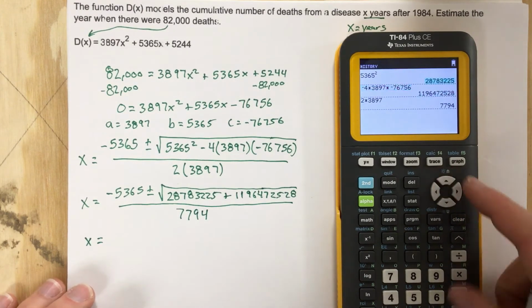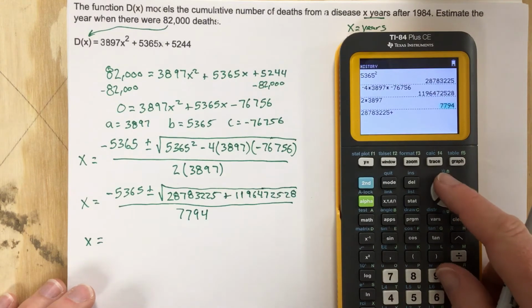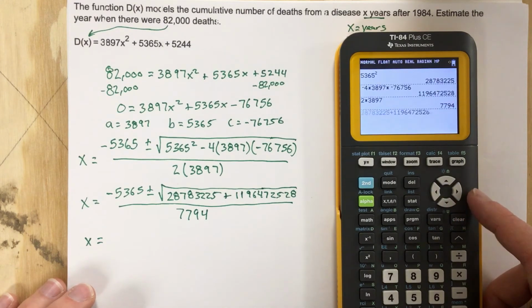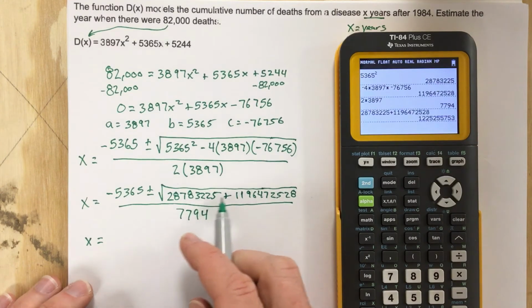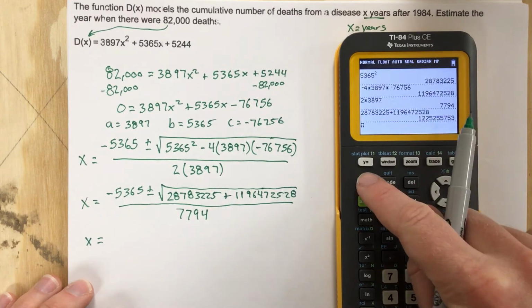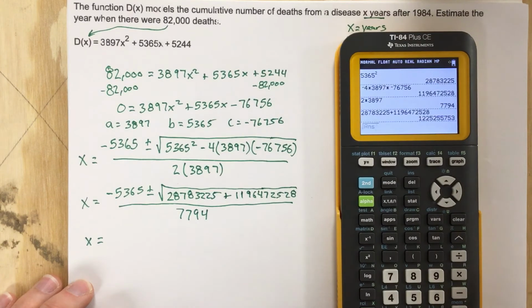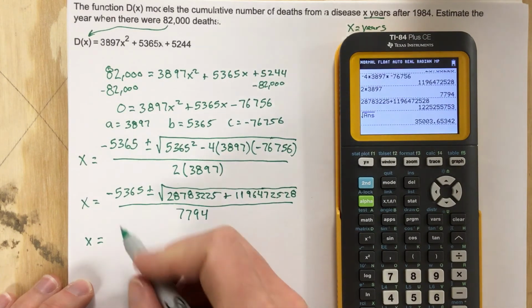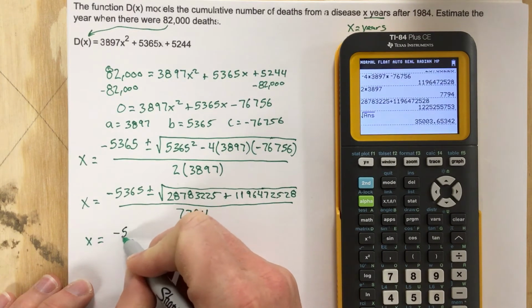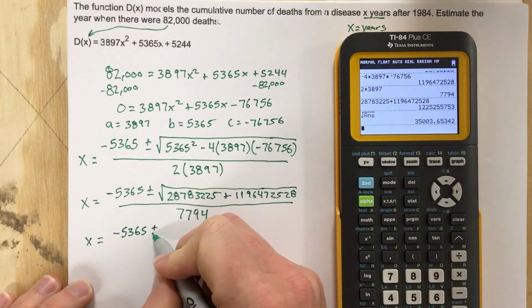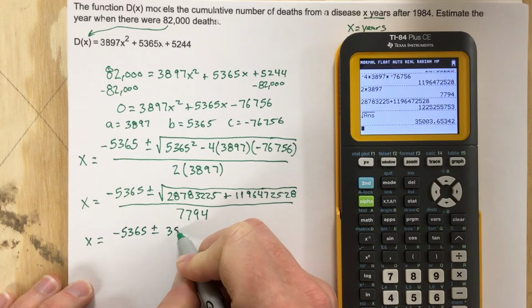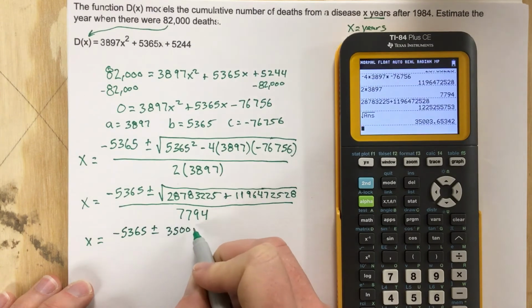I'm just going to grab those numbers again. Get this number here, and we're going to square root it. So, second square root, second answer. We get negative 5,365 plus and minus 35,003.65.